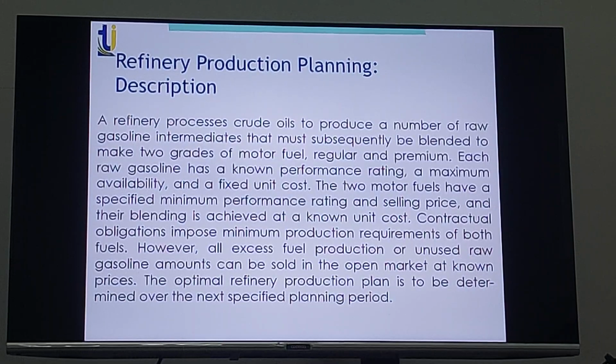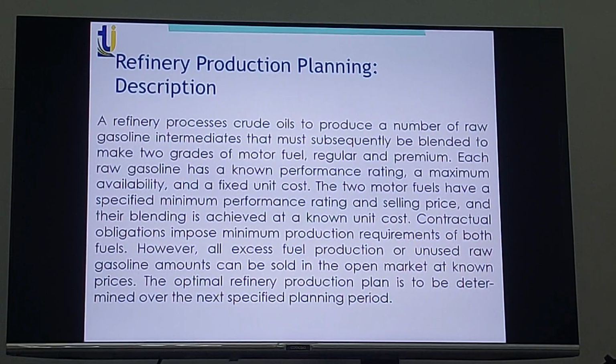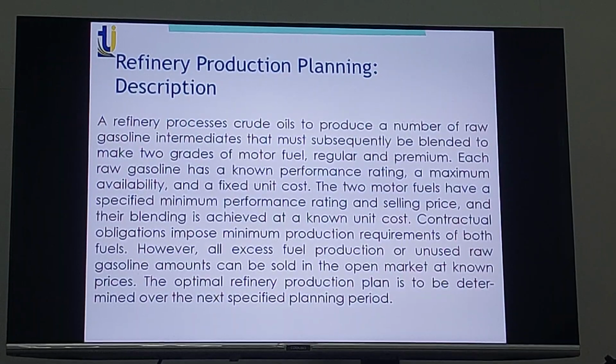The refinery processes crude oils to produce a number of raw gasoline intermediates that must subsequently be blended to make 2 grades of motor fuel, which are regular and premium gasoline. So the oil needs to be set up to make these 2 different products. One is regular, one is premium fuel or gasoline.